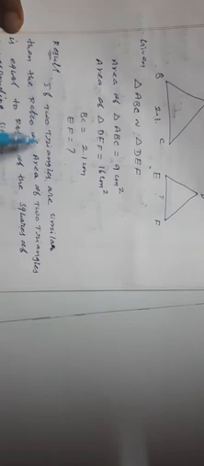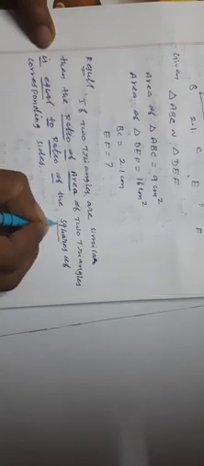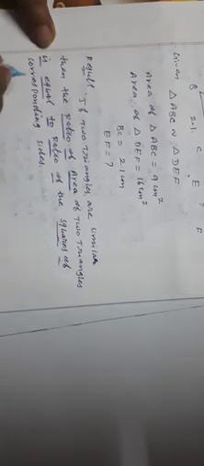If two triangles are similar, then the ratio of the areas of the two triangles is equal to the ratio of the squares of corresponding sides.